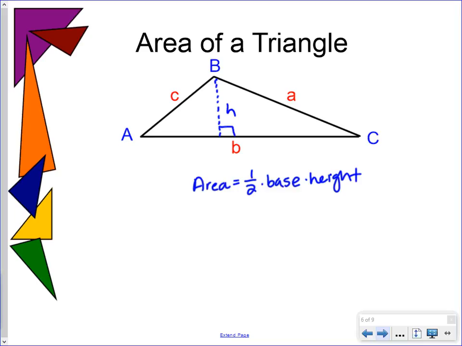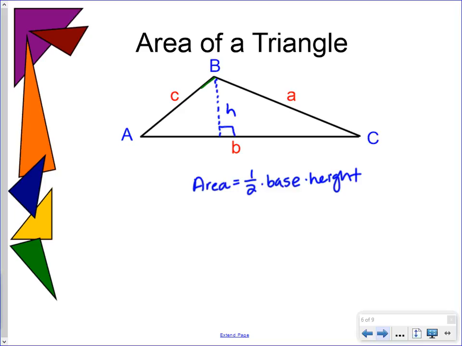Use your right triangle trick, just like we did on the pink sheet. If you draw in that altitude, SOHCAHTOA is now acceptable because you've created a right triangle. So I've actually created 2 right triangles.